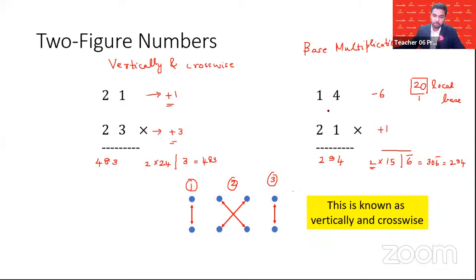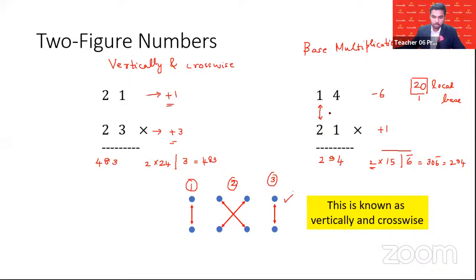Now let me explain to you once again how we got this vertically and crosswise answer. So you look at this particular figure, which is explaining the method. To get the highest place, the hundreds place, you have to do a vertical multiplication of 1 and 2.